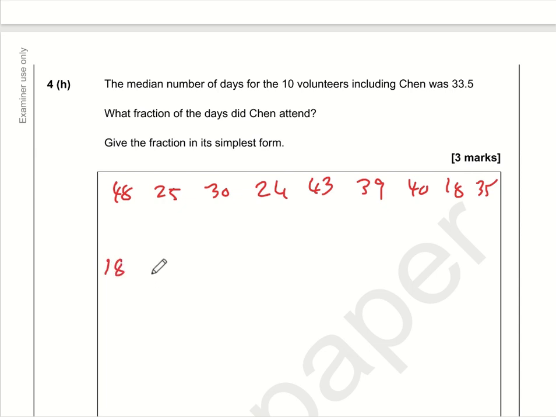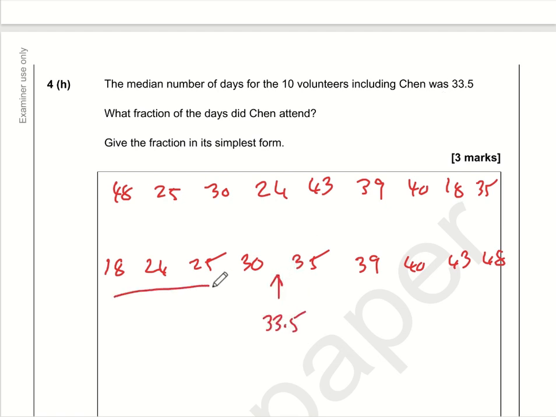So 18, 24, 25, 30, 35, 39, 40, 43, 48. Now the median is 33.5, which is here. Now we can see that there are 4 values to the left and 5 values to the right. So Chen's value must be somewhere on this side. Now where will it go?